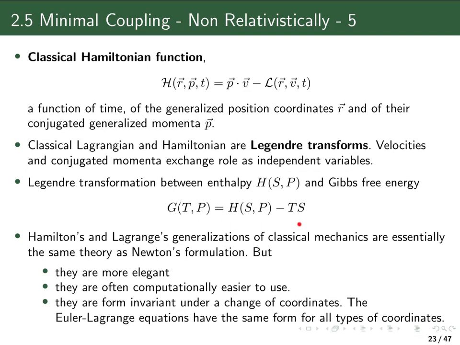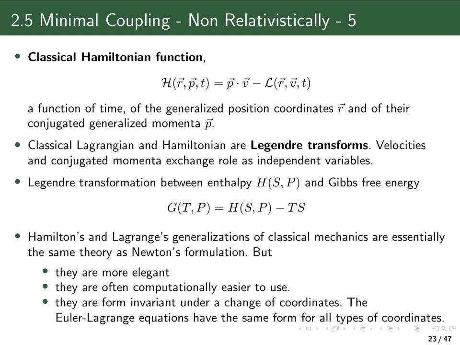And this is the well-known relation between enthalpy and Gibbs free energy. And the relation between the enthalpy and the internal energy of a system actually is another example of these Lagrange transforms.